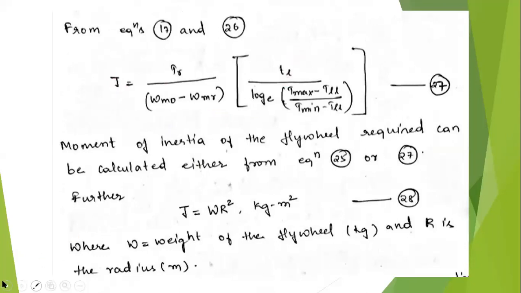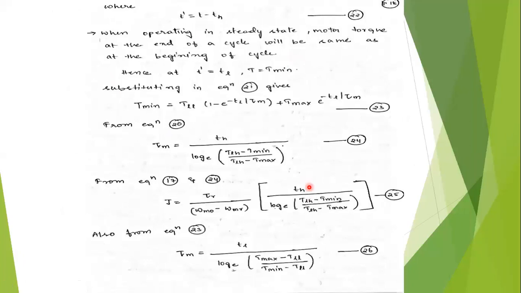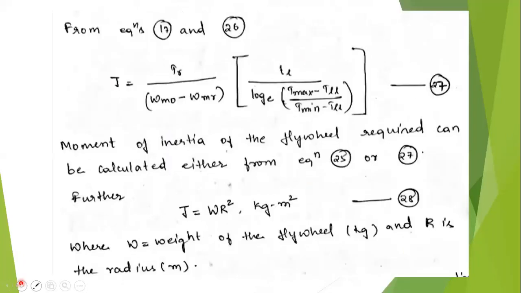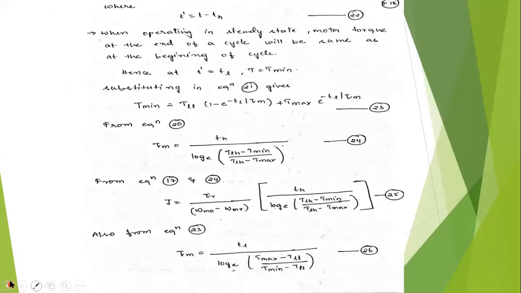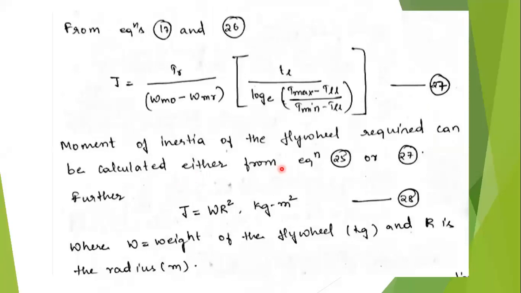Before we got TH, and now we are getting TL, so high and light. For high loads, we can calculate the moment of inertia J from the 25th equation, and for light loads from the 27th equation.